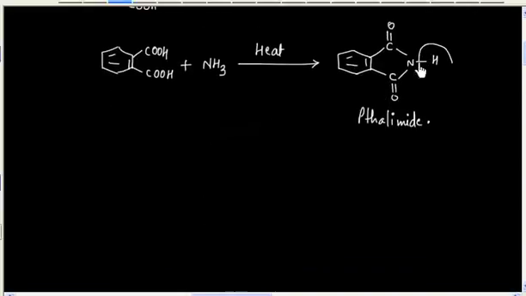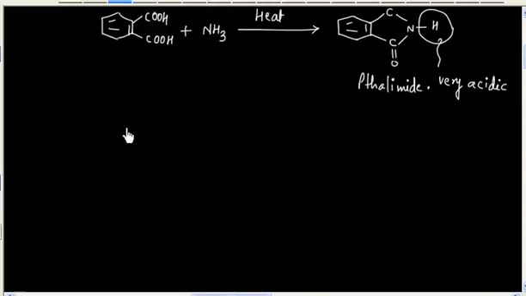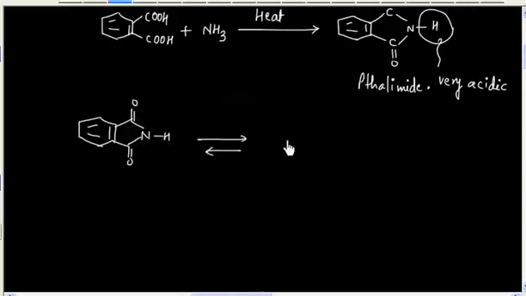Phthalimide has a hydrogen and this hydrogen is very acidic. And this can be shown by writing the corresponding conjugate base structure and its stability.